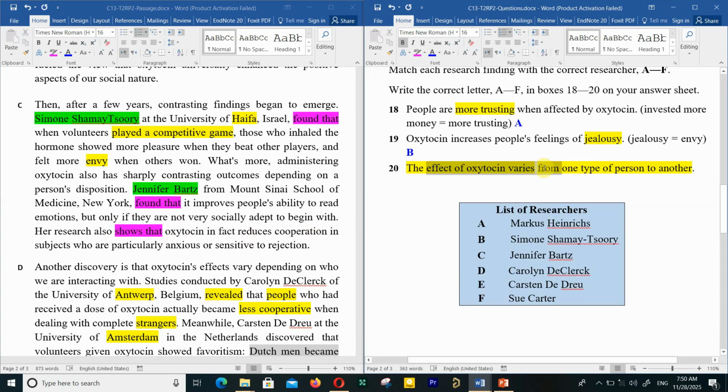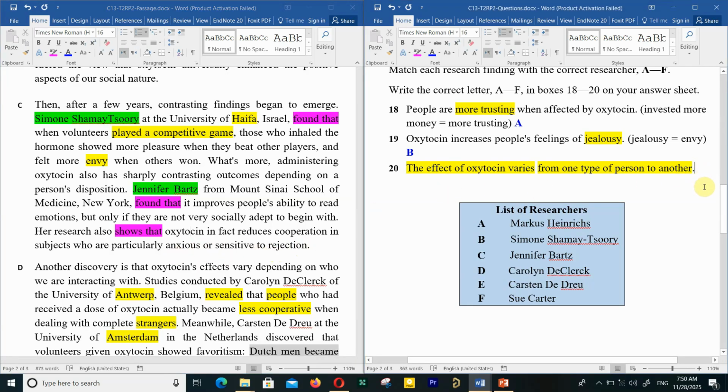The effect of oxytocin varies from one type of person to another. So here it says that she found that it improves people's ability to read emotions, but only if they are not very socially adept to begin with. Her research also shows that oxytocin in fact reduces cooperation in subjects who are particularly anxious or sensitive to rejection.